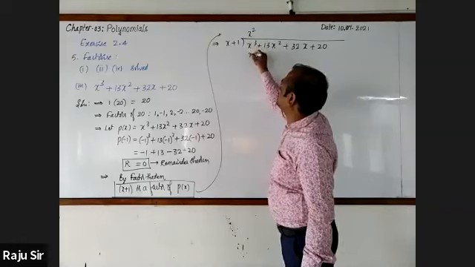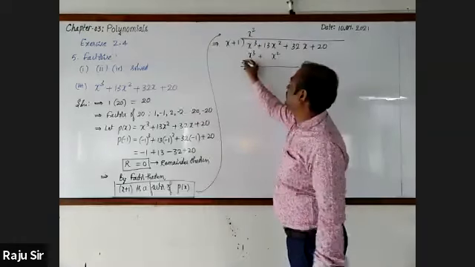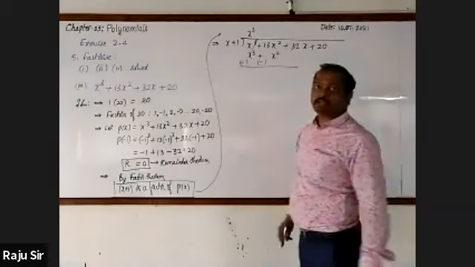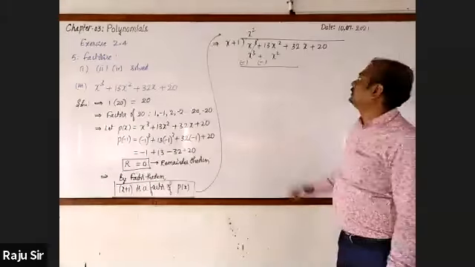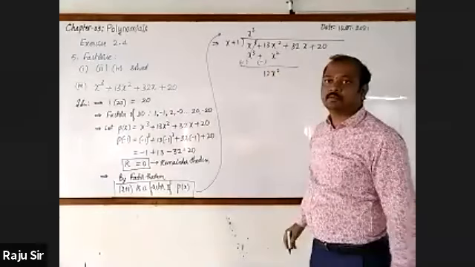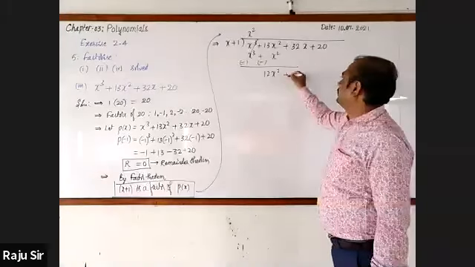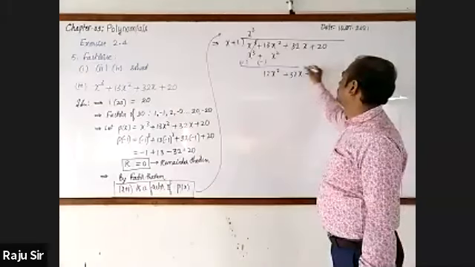Here, x squared should be multiplied. x square into x is x cube, x square into 1 is 1x square. Change the sign, minus, minus. First term gets cancelled. Next, 13x square minus 1x square is 12x square. Carry down the remaining plus 20.